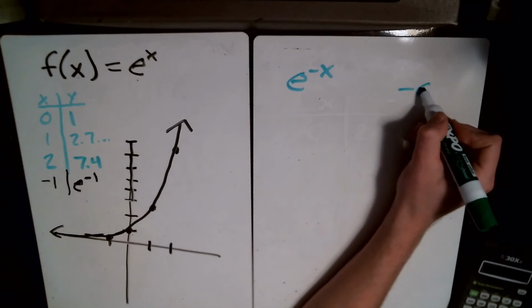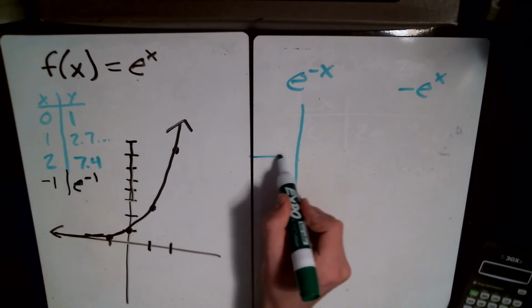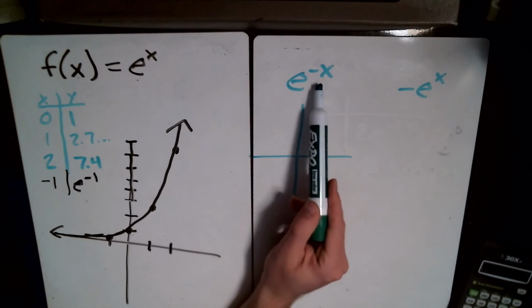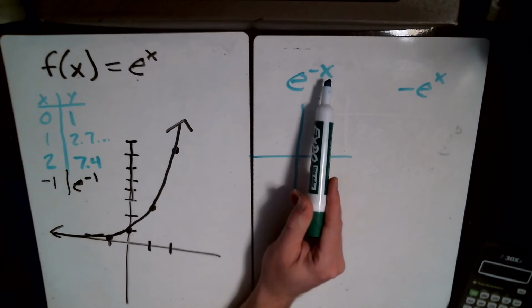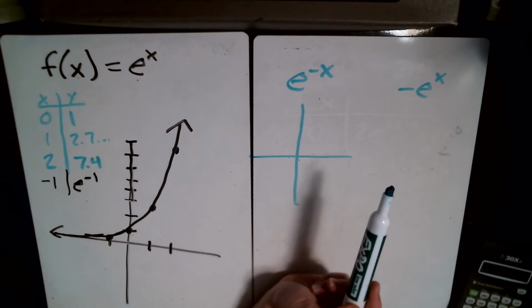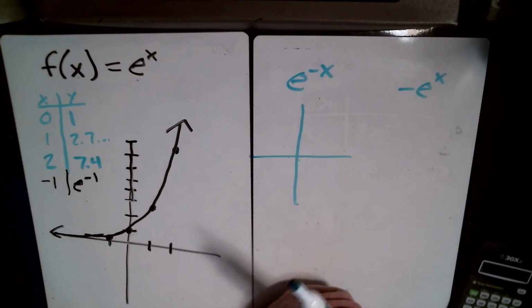And then I'm also going to do negative e to the x. I replaced x with negative x in e to the x, right? So I put a negative out in front of the x. So what does it do when you put a negative in front of the x in there?